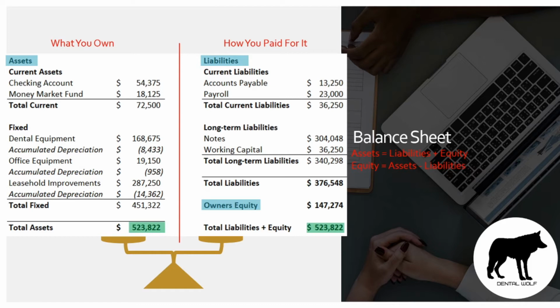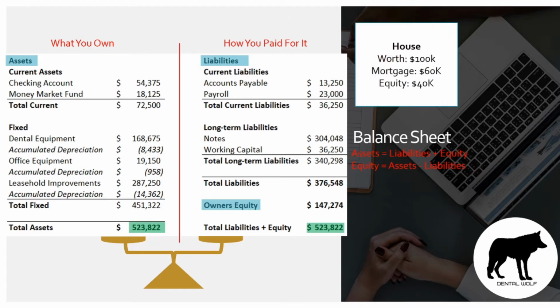We can think about this in terms of a house to understand this a little bit better. Let's say you bought a house worth $100,000 and you used a mortgage or a loan of $60,000 to pay for part of it, and you paid $40,000 in cash.